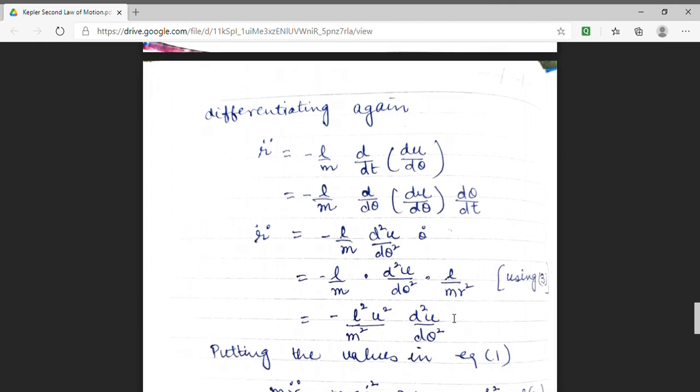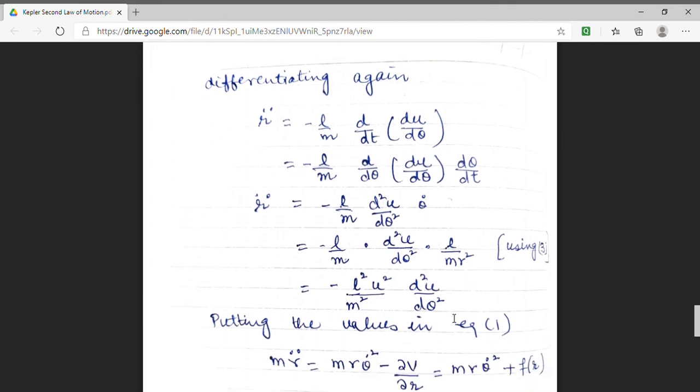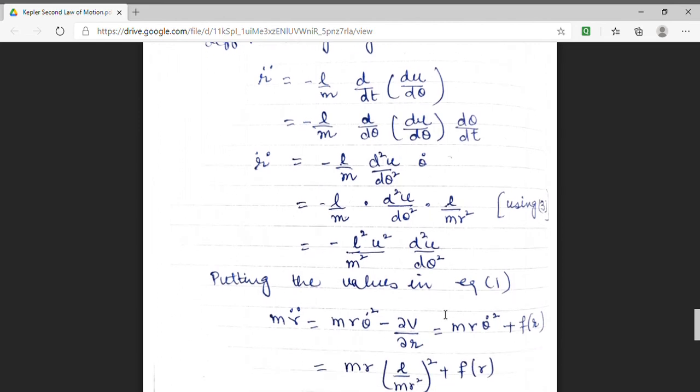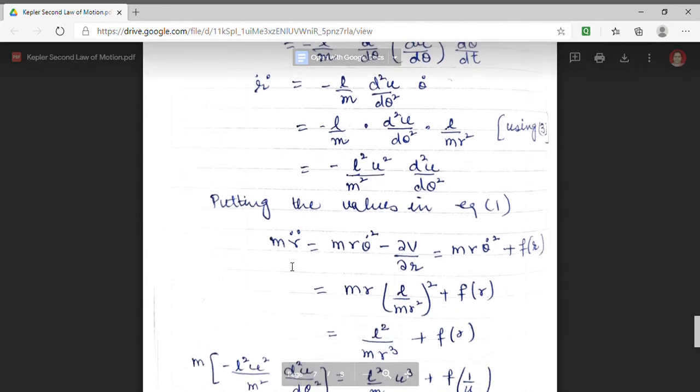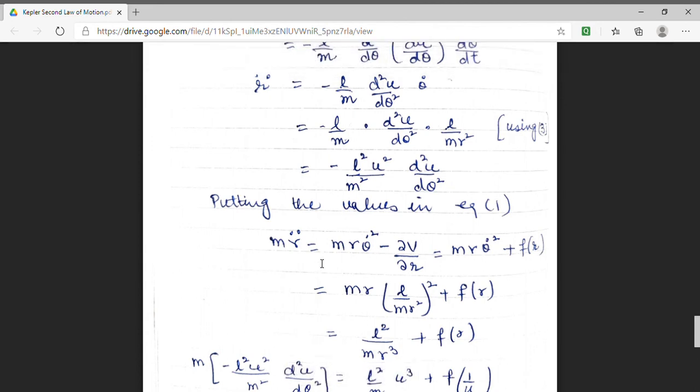So I have obtained the value of r double dot. Now I am using r double dot in my Lagrangian equation of motion. My Lagrangian equation of motion was m r̈ = m r θ̇² − ∂V/∂r.